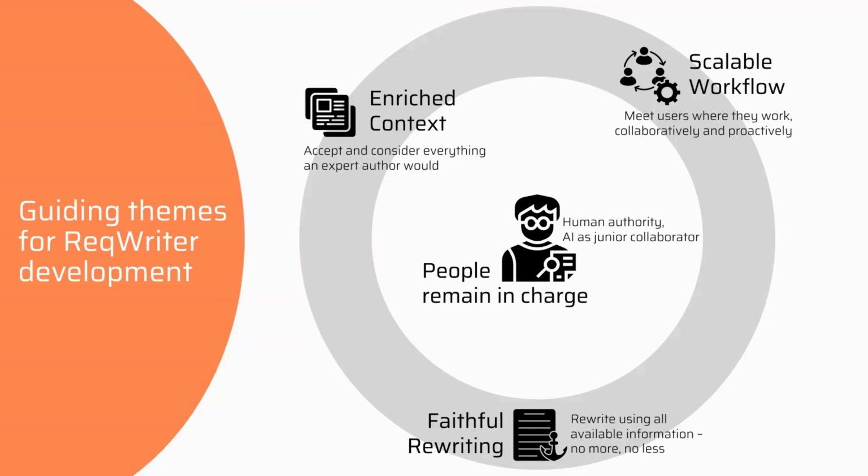ReqWriter does the heavy lifting, but always as a junior collaborator. Now, these guiding themes, they're aspirational. They help align our development with the goals and day-to-day challenges that matter most to users. And our first release of ReqWriter is a modest but intentional first step on that journey.